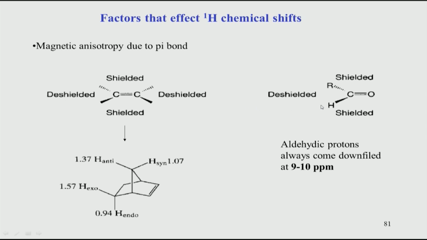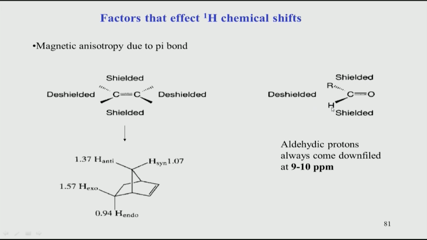Another very important functional group in chemistry is the carbonyl group, in aldehydes and ketones. Carbonyl, C double bond O, is again a very anisotropic moiety. If you have any hydrogen coming on this side, it is in the shielded region, whereas this side is deshielded.